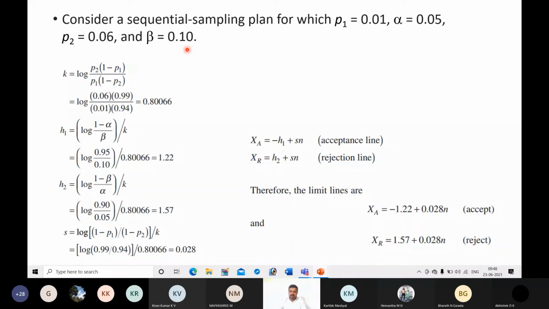If you have these two, then you can get the equation for the acceptance line and rejection line for this particular sequential sampling plan. So this is the equation of the acceptance line and this is the equation for the rejection line.